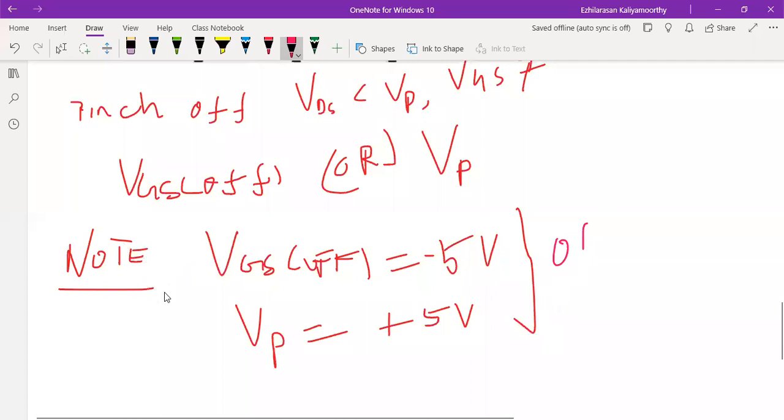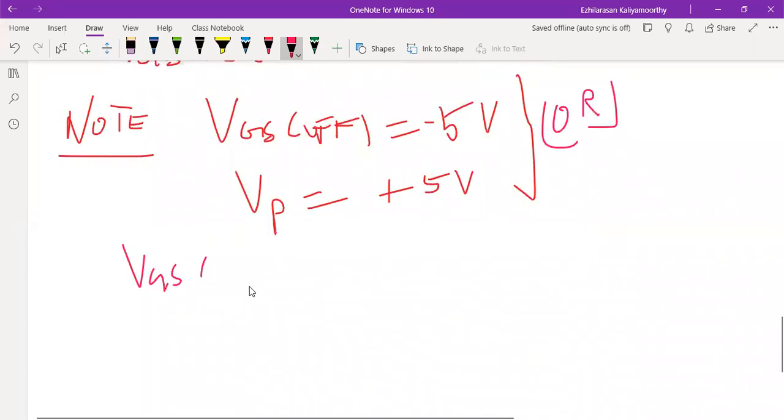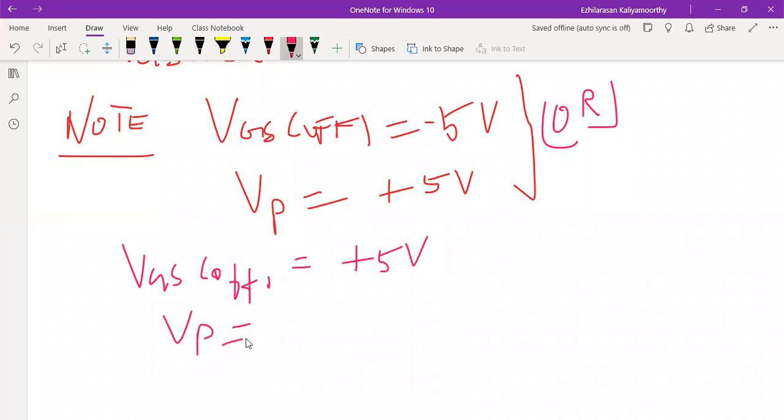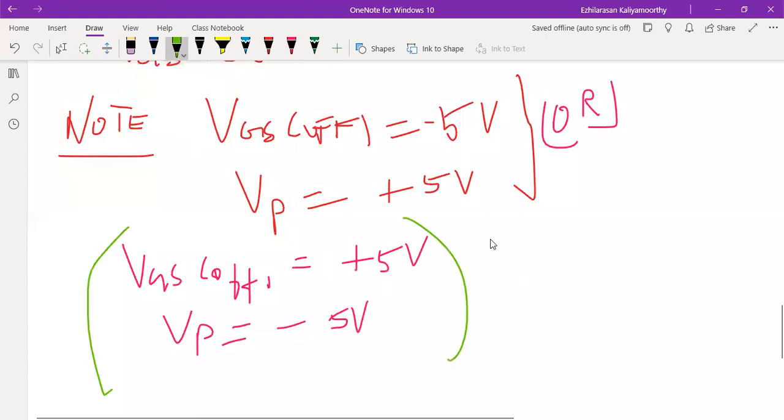Or when VGS(off) is equal to plus 5 volt, then VP will be minus 5 volt. So these two things we need to keep in mind when you're going to do any problem. When your VGS(off) is minus 5 volt, then your pinch off voltage is plus 5. When your VGS(off) is plus 5 volt, then VP is minus 5 volt. So these are the things we need to keep in mind when you're going to do any numericals.